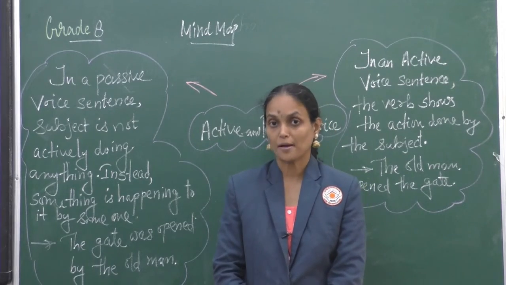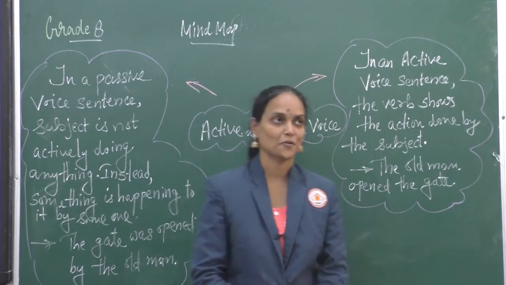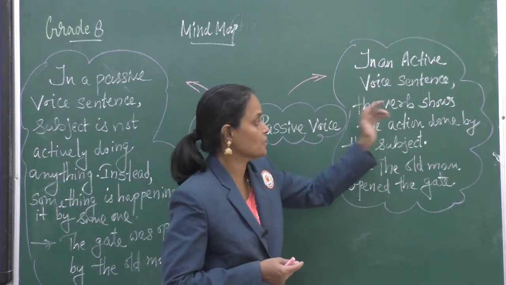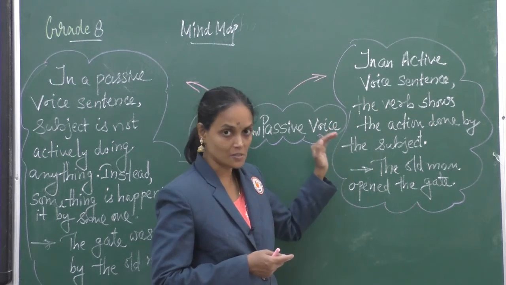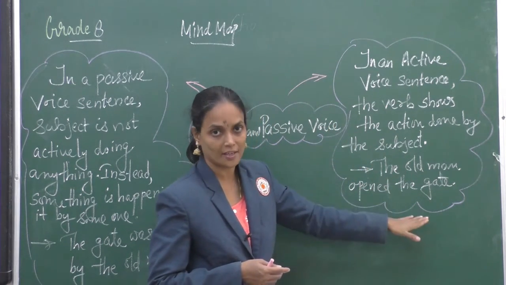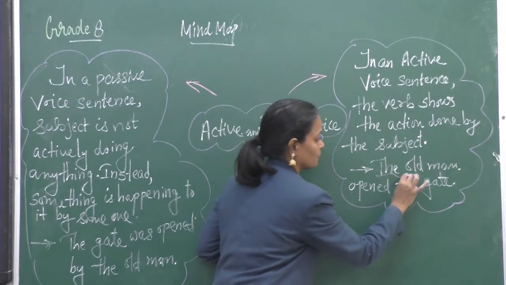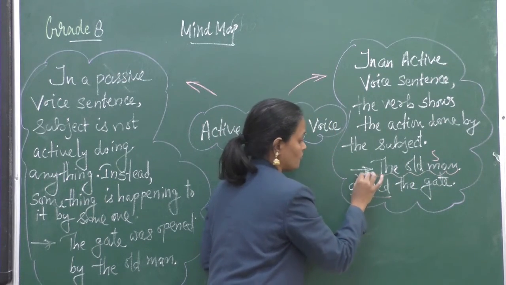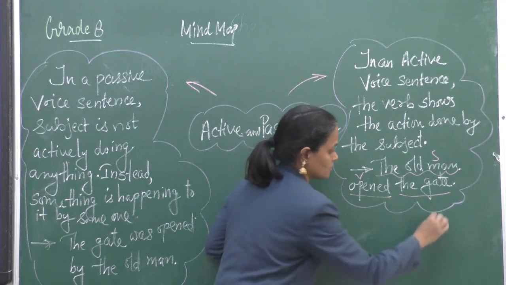Here is the mind map of the topic, active and passive voice. In an active voice sentence, the verb shows the action done by the subject. The old man opened the gate. Here the subject is the old man, opened is the verb, and gate is the object.